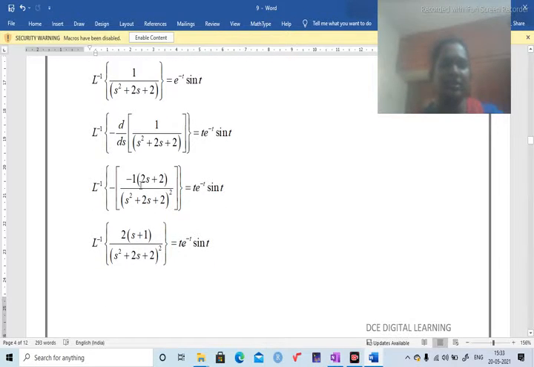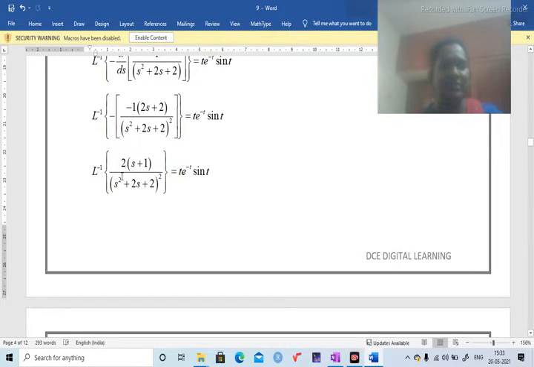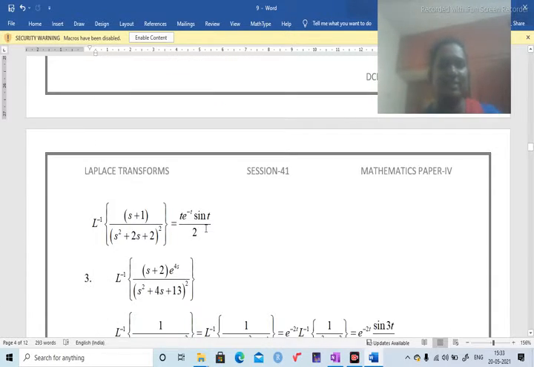So minus into minus is plus, 2 common. So (s plus 1) by (s square plus 2s plus 2) whole square equal to t into e power minus t sin t. Take this 2 outside and send that to the RHS side. Then this is the answer for L inverse of the given function.